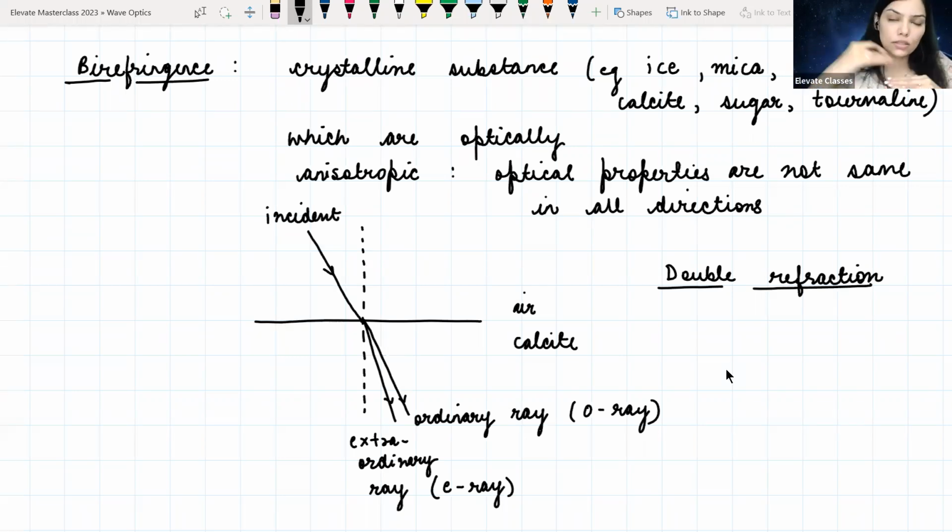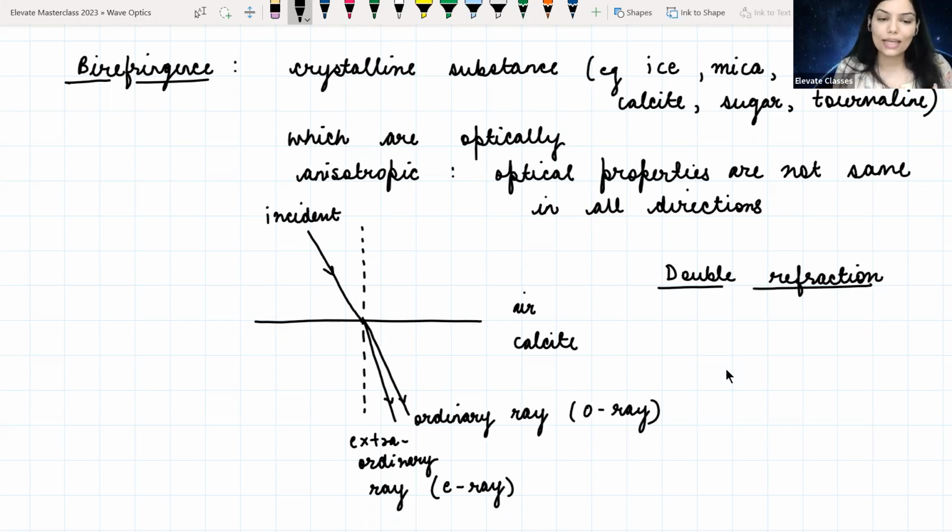With that optic axis, there is some angle which this extraordinary ray is making. And if I change that angle, then how fast it moves, how slow it moves, or the value of the refractive index it experiences, changes slightly.